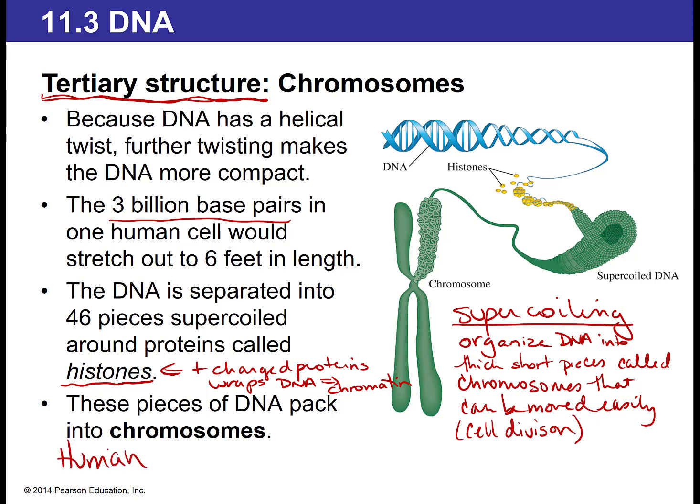So different animals have different numbers of chromosomes. Humans have 23 pairs. And so that means that it takes that 6-foot piece and it's split into 23 pairs. So it's not really 6 feet long. One single chromosome, you actually did this, or you're going to do this in lab tonight.